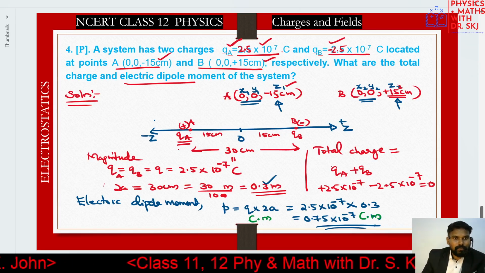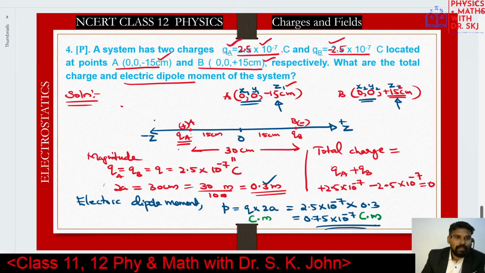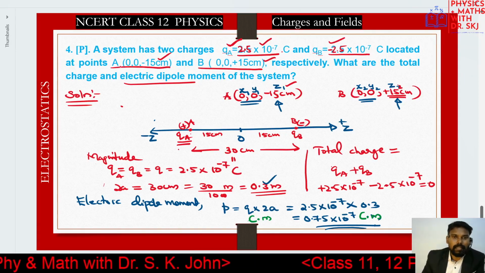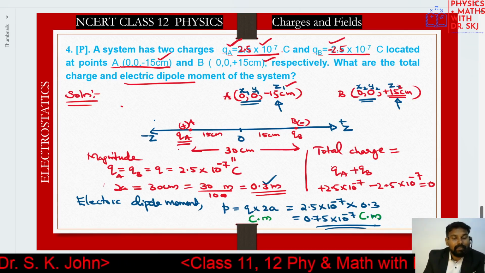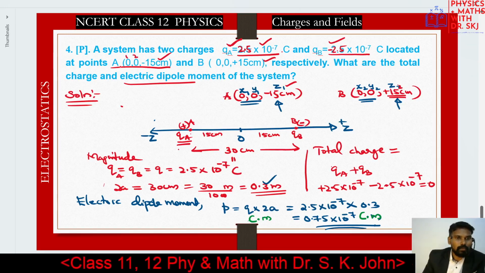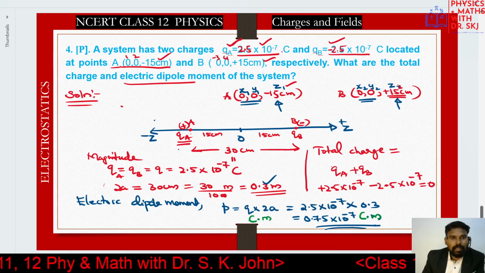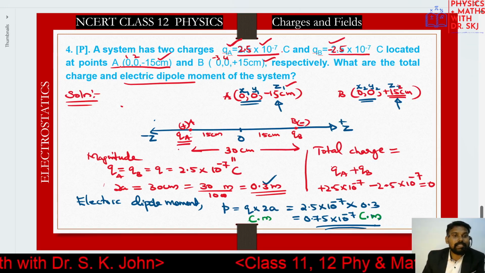To calculate the distance, suppose in this case we understood that these points are on the z-axis. Otherwise, you may be given general points, like there will be some values here, 1, 2, and here it is minus 3, 4, like that. If there are values for x coordinate and y coordinate, then you can use the distance formula.